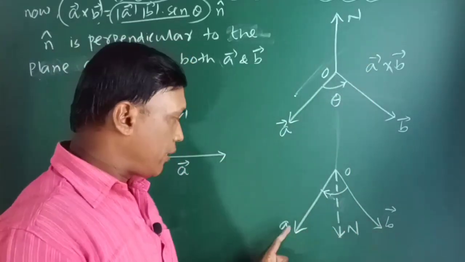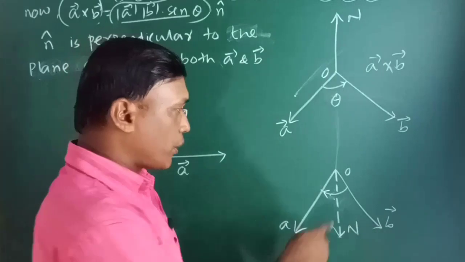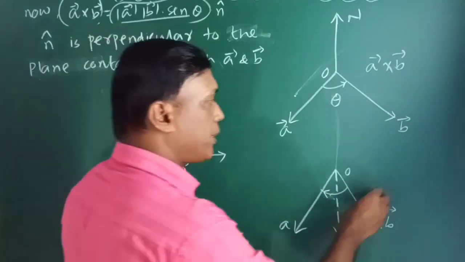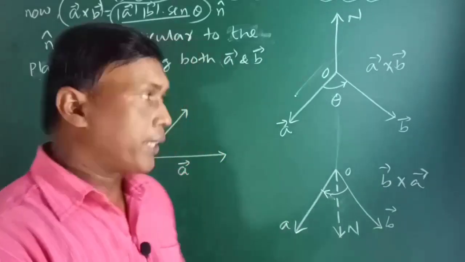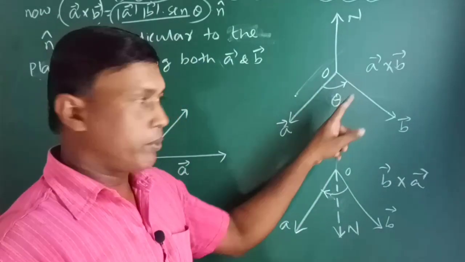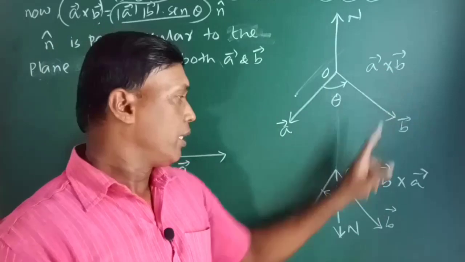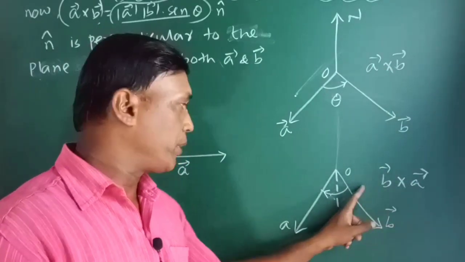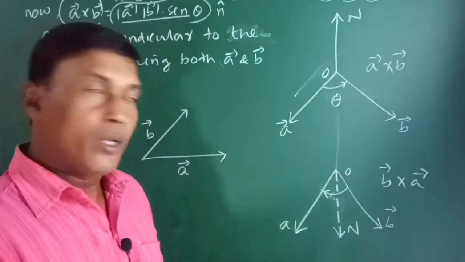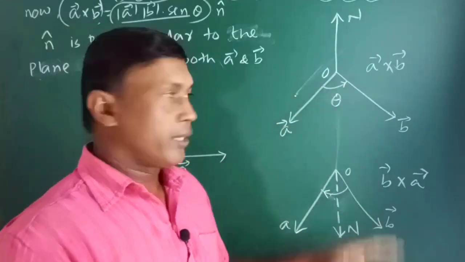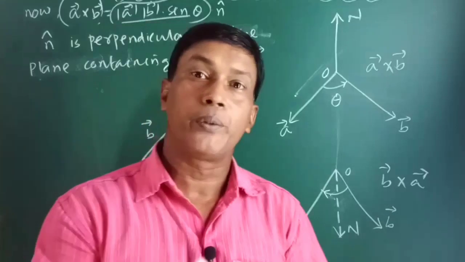Here A vector, B vector. The direction is B to A. That means here we want to find B cross A. Look here. In case of A cross B, first is A, second is B. Here first is B, second is A, because B cross A. Here A to B, here B to A. Look here. In A to B, we apply the screw rule.